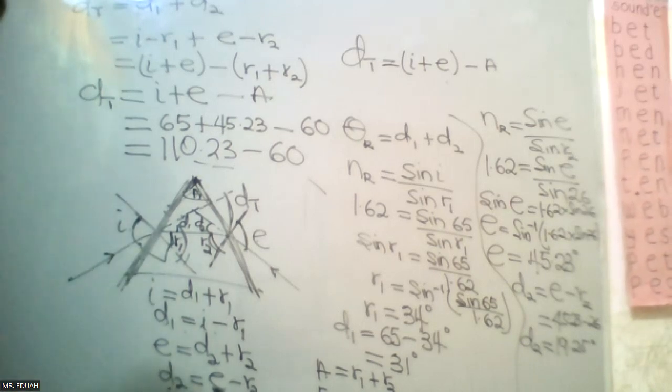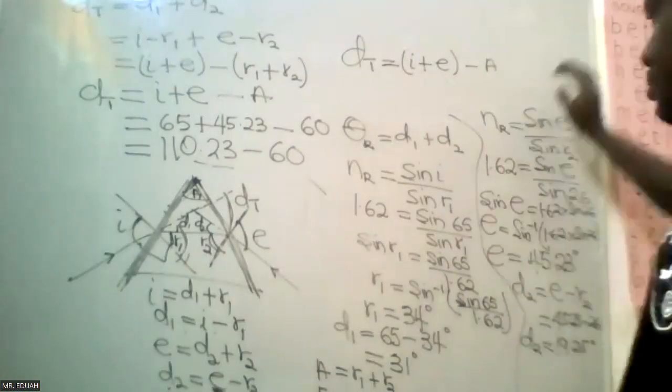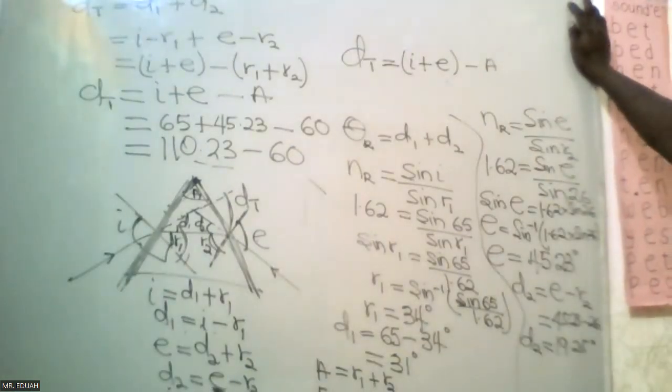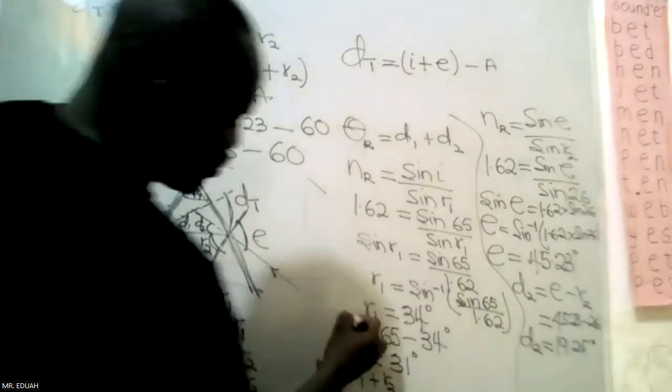Any question? Please, the first method, the D1, I don't understand how you equated it to 65 minus 34.